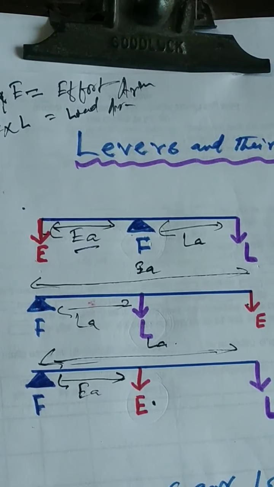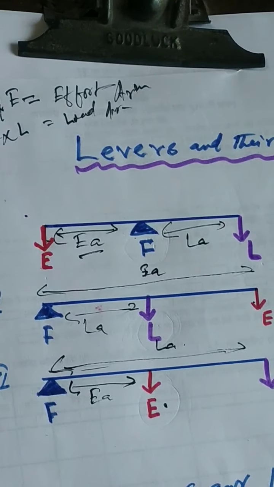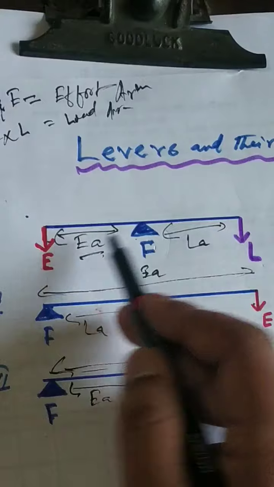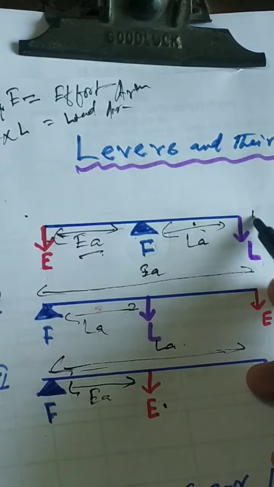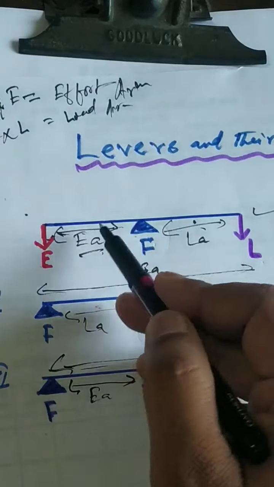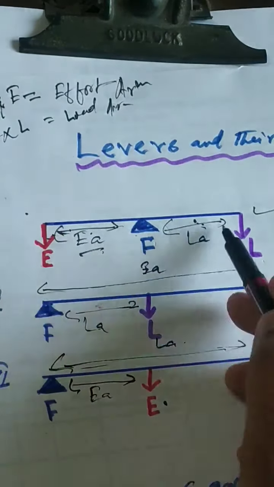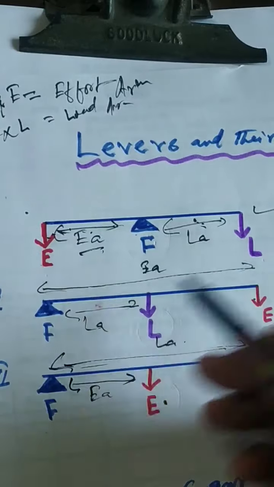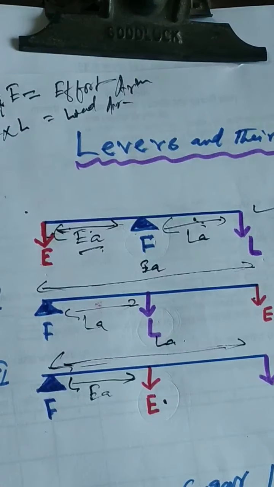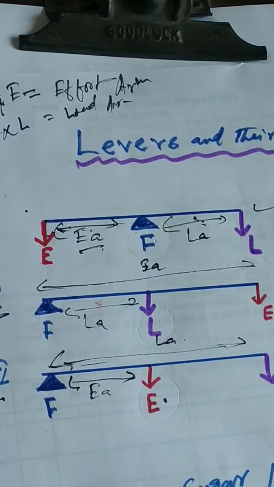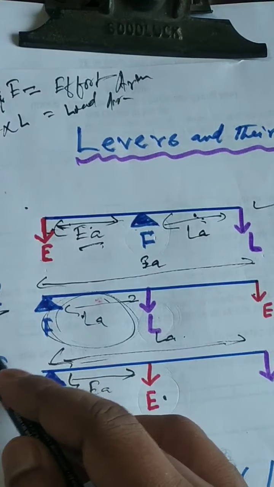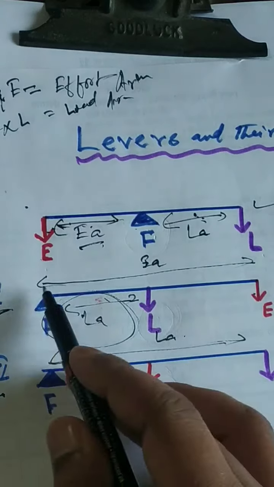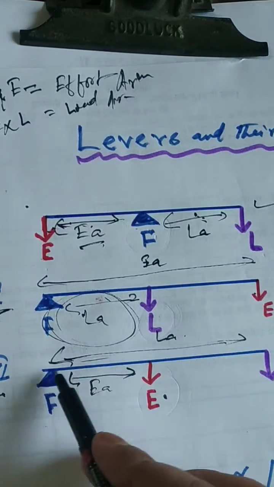So we can understand by watching the data that effort arm and load arm are not the same at all times in a first class lever. Now look at this. This is fixed for second class lever and third class lever. Load arm is always smaller in second class lever, and effort arm is greater, and in third class lever load arm is greater than effort arm. Now look at this.